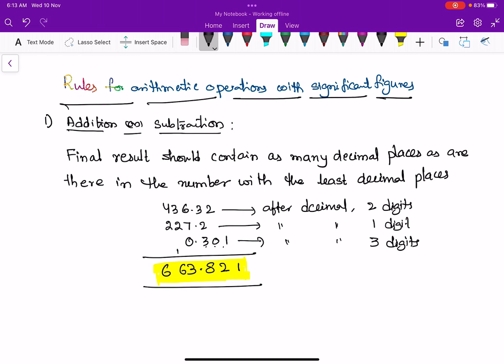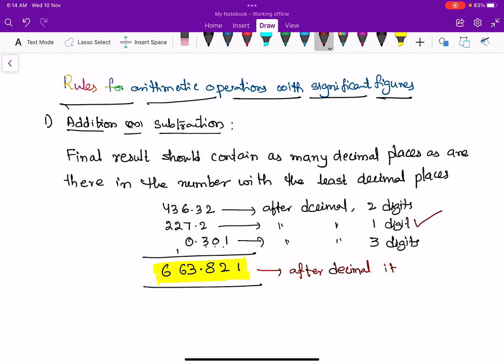The least is 1, so after the point only one decimal digit. So the answer should have only one digit after the decimal point.